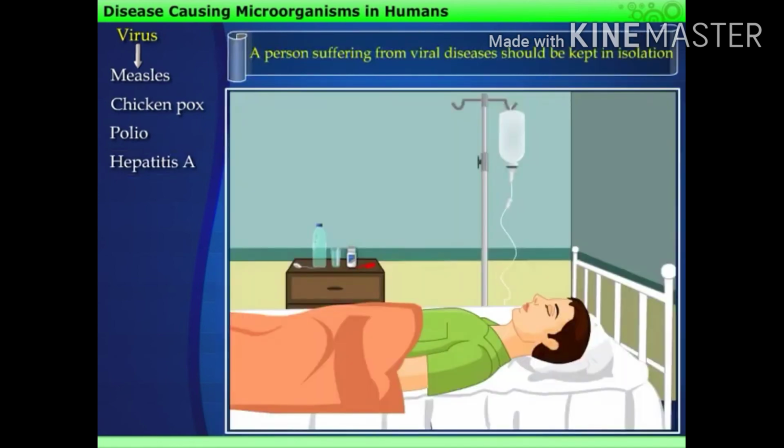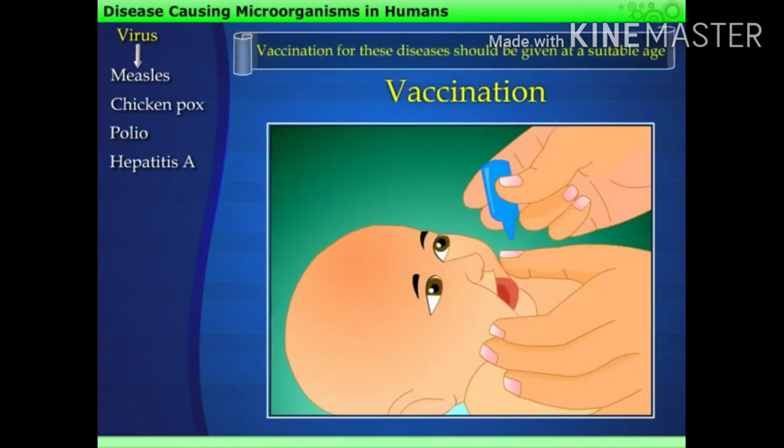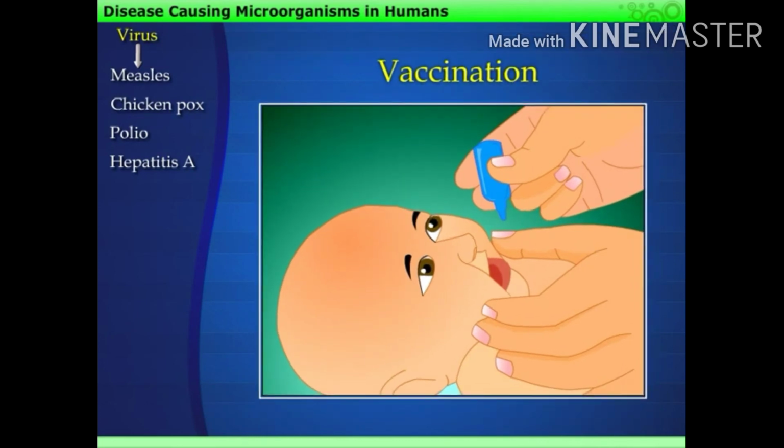A person suffering from viral diseases should be kept in isolation. Their personal belongings should not be used by others. Vaccination for these diseases should be given at a suitable age. The best way to prevent hepatitis A is through vaccination.